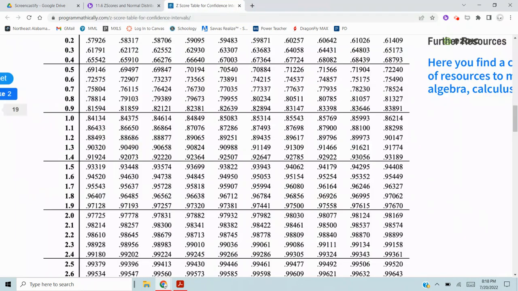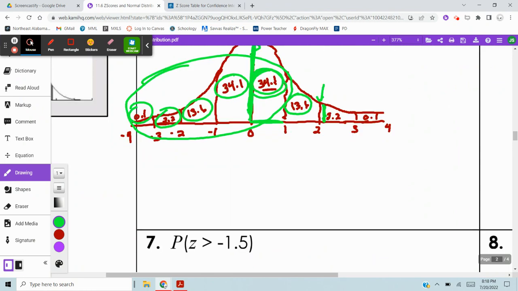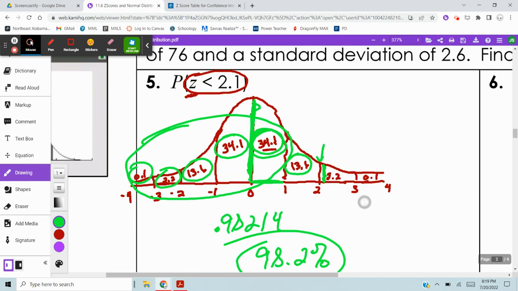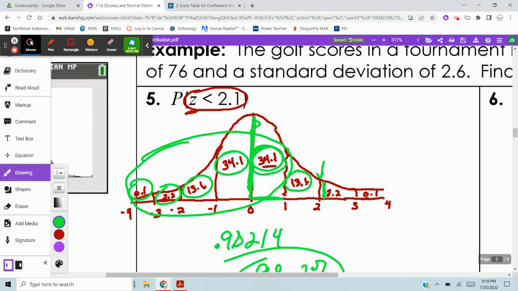That would be 98.2 percent, if we want to round it off, probability that we're below 2.1.